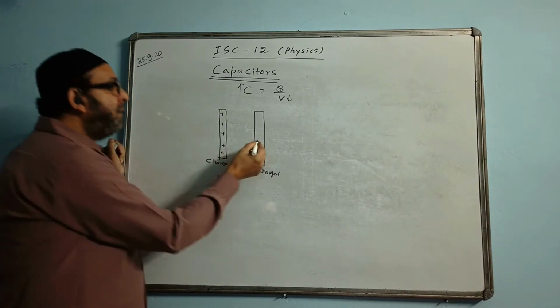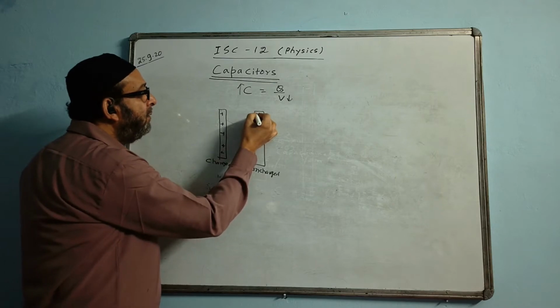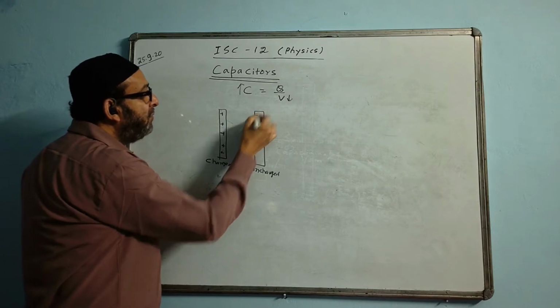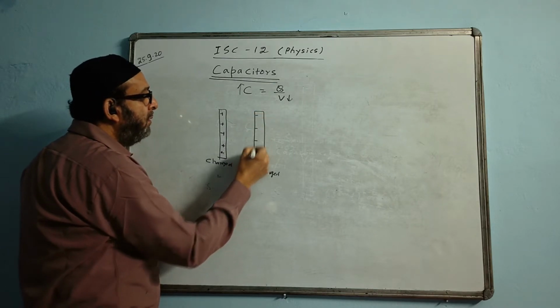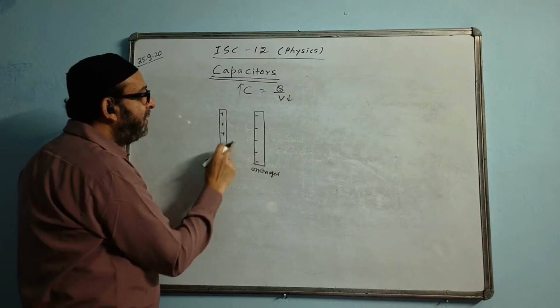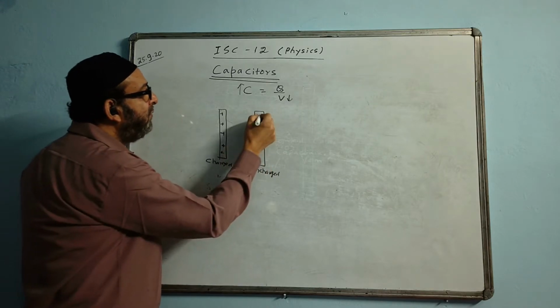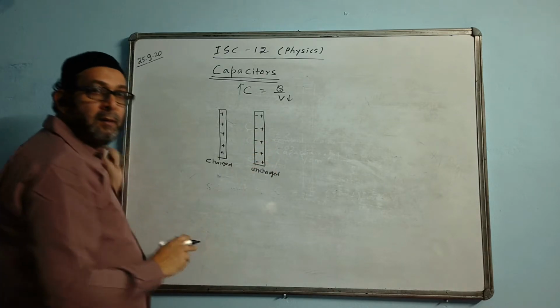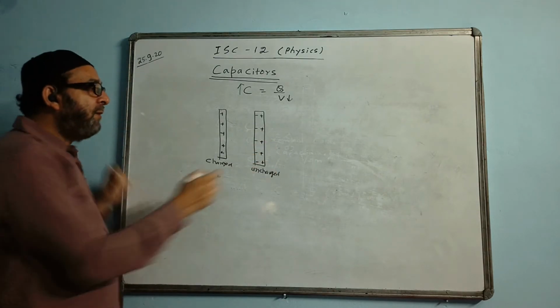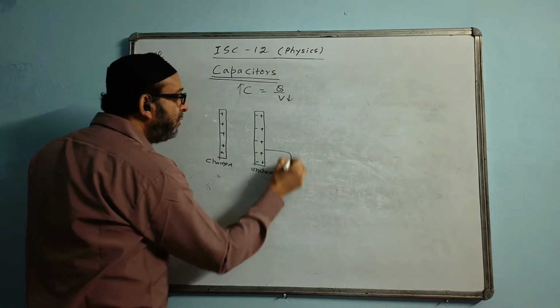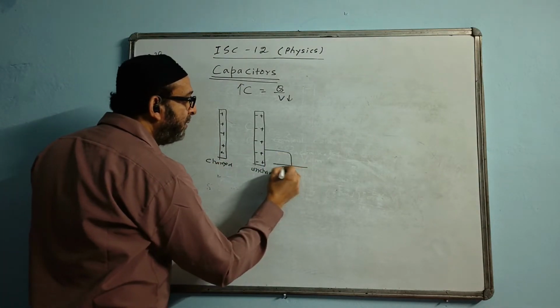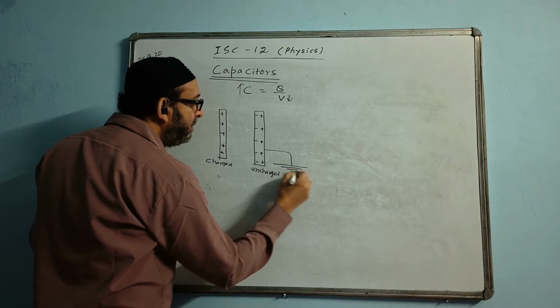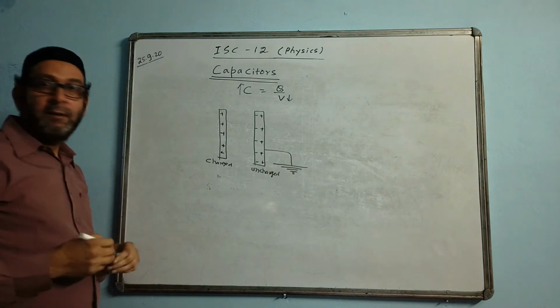When you bring it near, the negative charge on this plate's side gets attracted towards the positive, whereas the positive will be on the other side. And the idea will be earthing the outer portion of the uncharged conductor, like this, earthing.